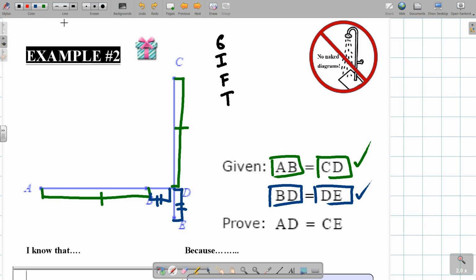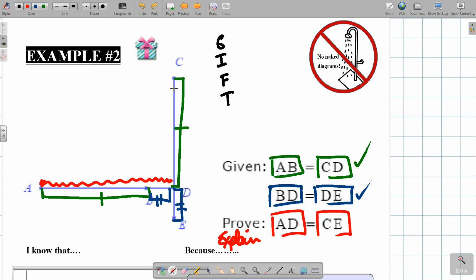We're trying to prove or explain, if we know the greens are equal and the blues are equal, how do we know that these larger red segments, A all the way to D, and C all the way to E, are equal? The greens are equal and the blues are equal.